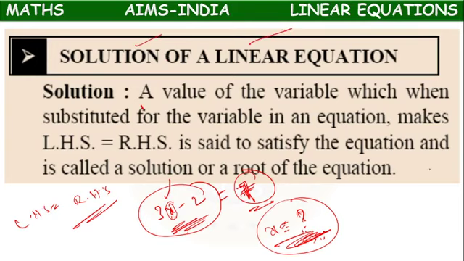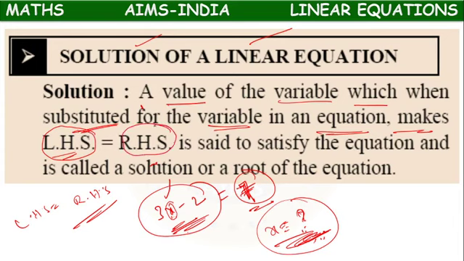Solution of linear equation means a value of the variable which, when substituted for the variable in an equation, makes LHS, means left hand side value, equal to RHS, right hand side value. Our equation is said to be satisfied.